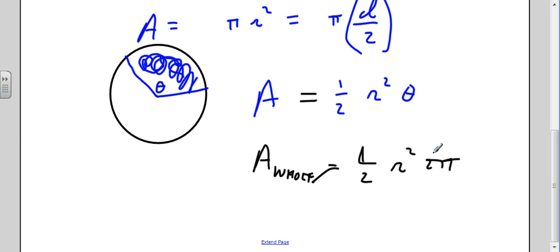The 2's go away, and I'd be back to pi r squared. Oh, isn't that lovely? We don't prove anything in Tech Math, but every now and then we show something. So that means I now know the length of an arc and the area of a sector of a circle, and now we get to apply those things to problems.